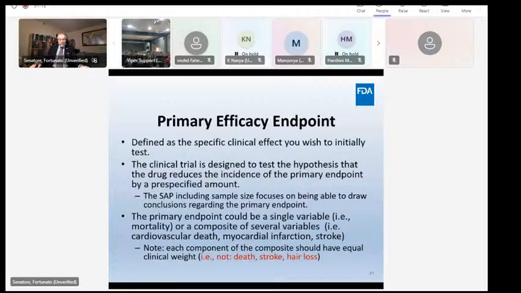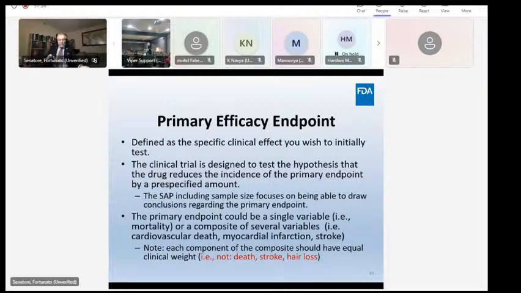The primary endpoint could be a single variable, like mortality, or it could be a composite of several variables, like cardiovascular death, myocardial infarction, or stroke. Now, one important thing to note here is that when you have a composite endpoint of several variables, each variable should have the same weight as the other variables, like death, heart attack, and stroke. They're all serious.